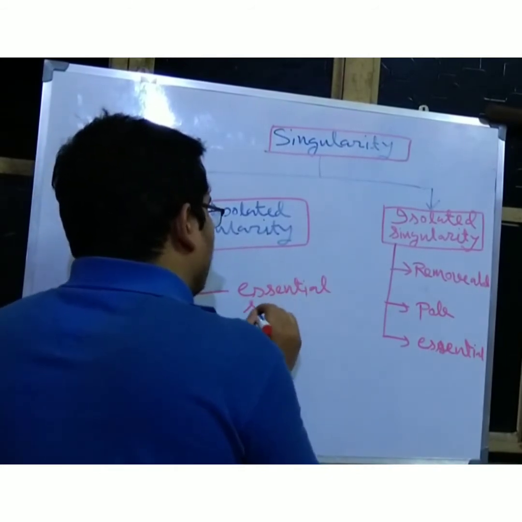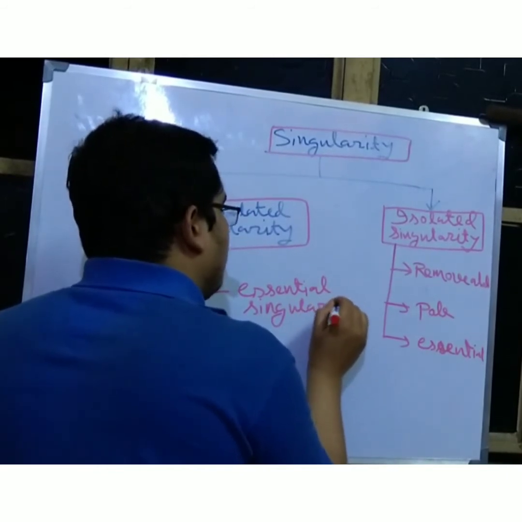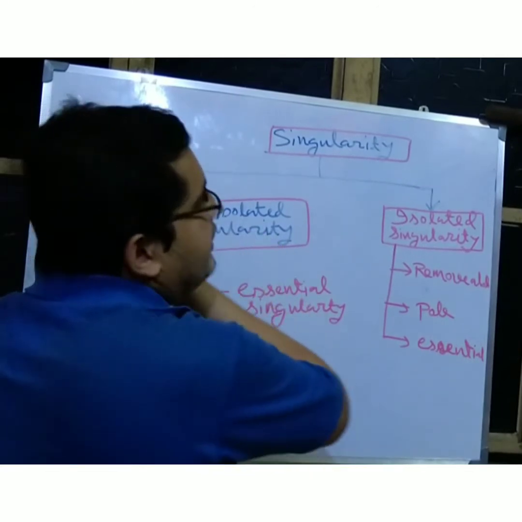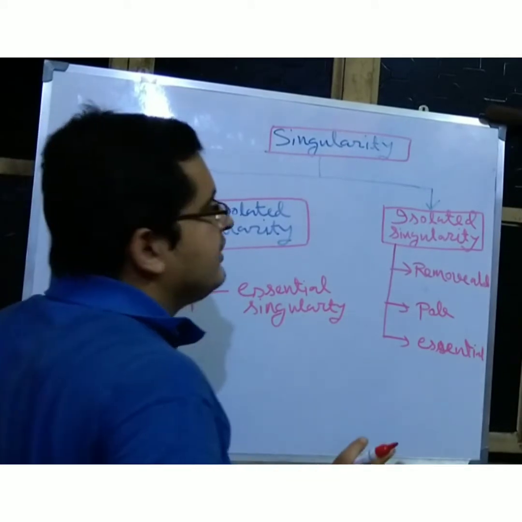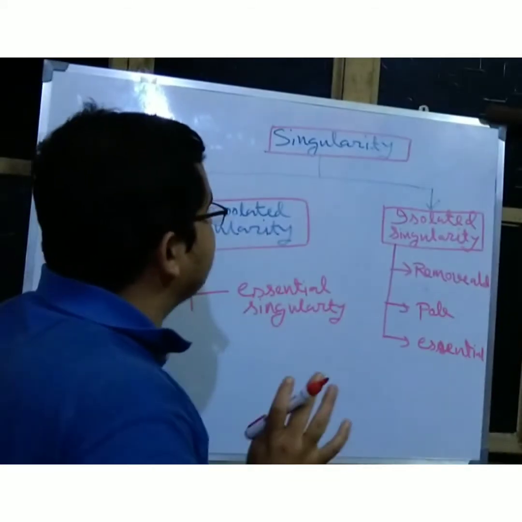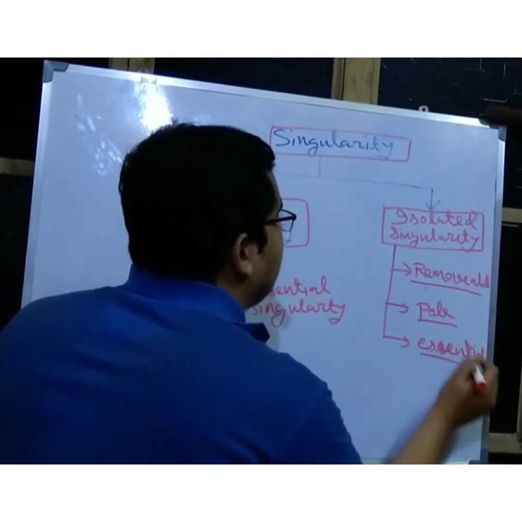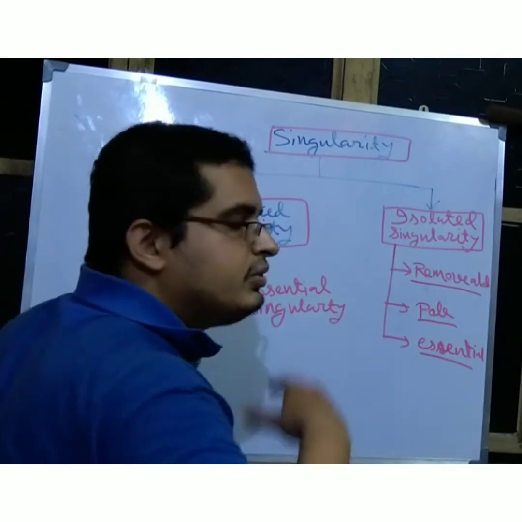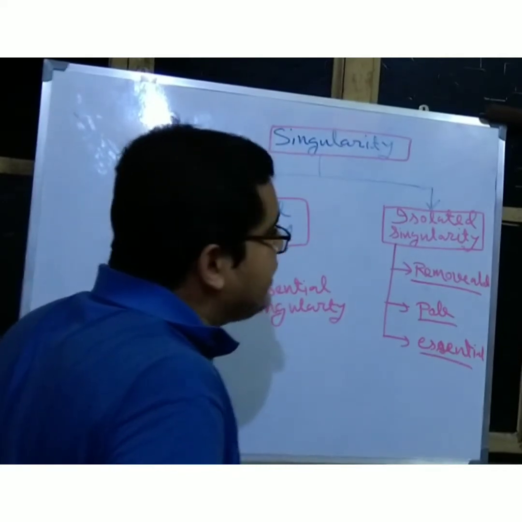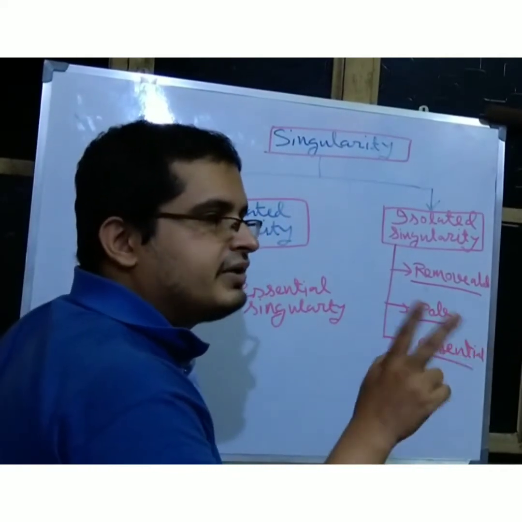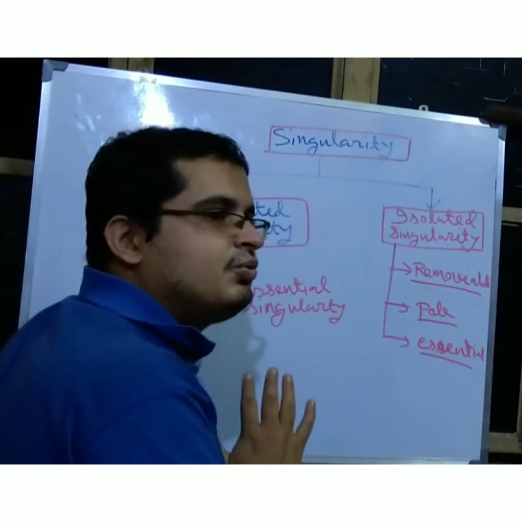This is my total classification of the singularity. Now friends, I will discuss removable, pole and essential isolated singularity. Then I will discuss non-isolated singularity, meaning essential singularity. Essential singularity is classified in two ways, isolated and non-isolated. So I will discuss each and every one.